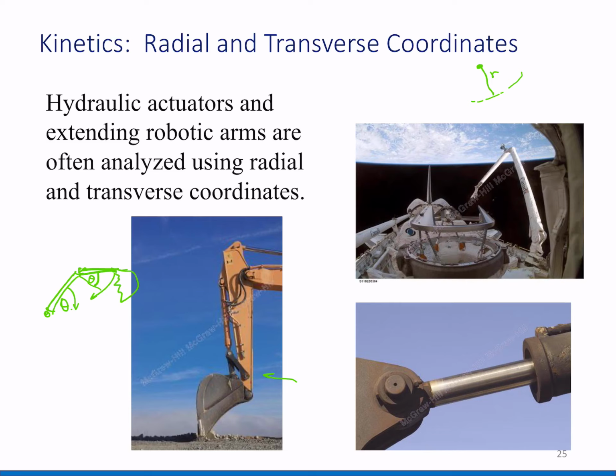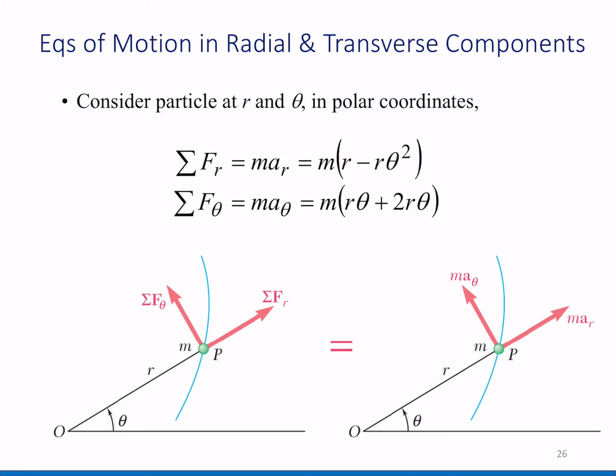And when you have this, you also have this hydraulic module which can also be extended, or maybe longer. So in these cases you will have formulas similar to what we learned before.